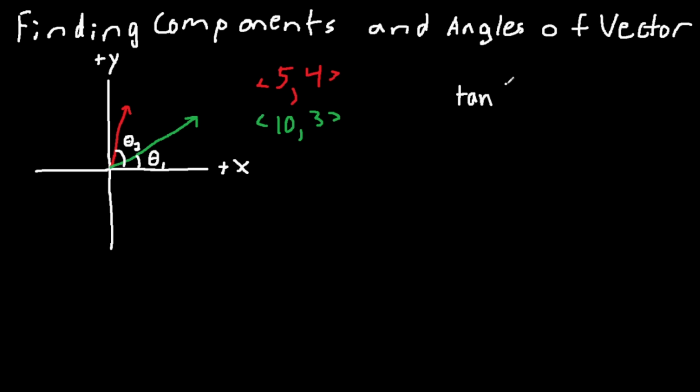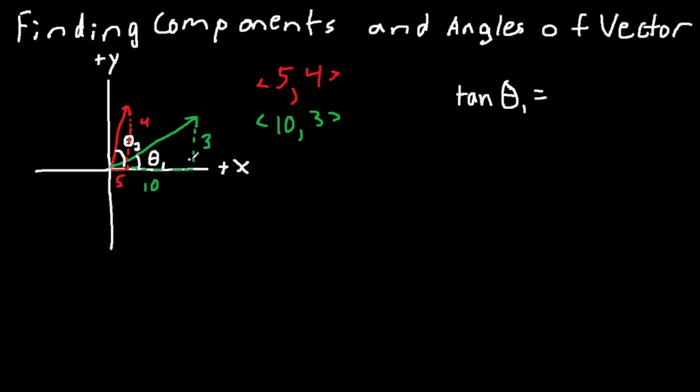So let's put tangent theta, and we're going to solve for the green one first because it's theta 1. For the red, it's going to be 4 and 5. Tangent of theta 1 is opposite over adjacent.